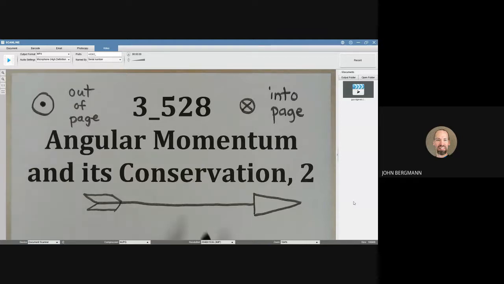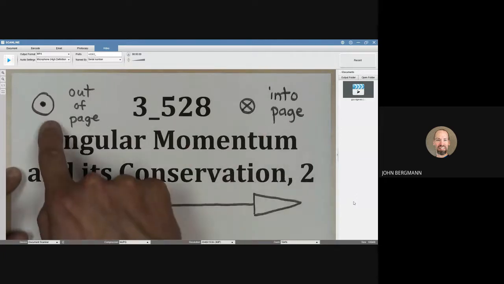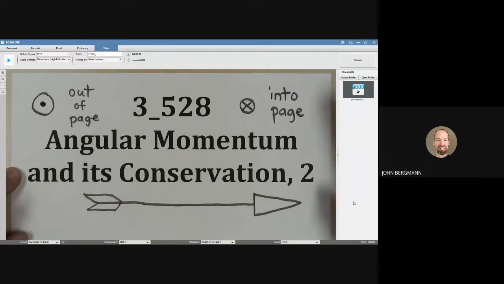On the other hand, if the arrow is flying away from you, wouldn't you see something like what's in the upper right corner? You would see the feathers, and then maybe you would see the bottom of the arrowhead, that cone part of the arrowhead. So maybe that'll help you remember which way those notations refer to.